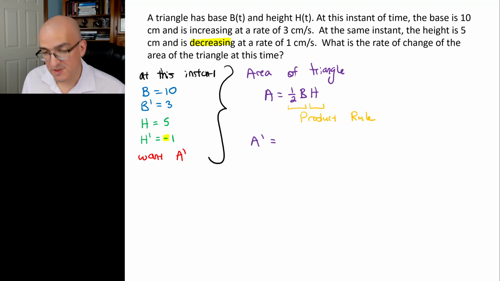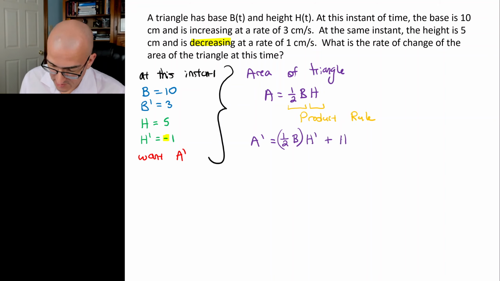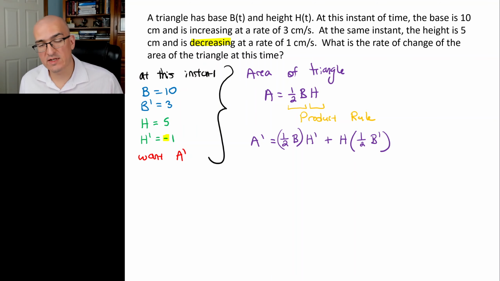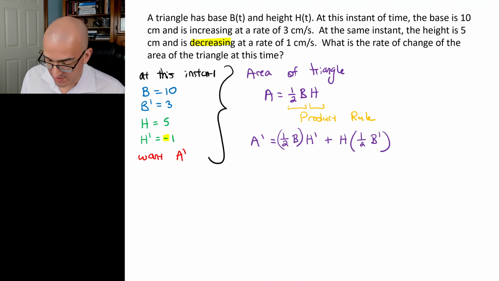So we have the first function, 1/2 times b, multiplied by the derivative of the second, so times h prime, plus h, multiplied by the derivative of the first function, 1/2 of b prime. So the first function times the derivative of the second, plus the second function times the derivative of the first. And now we can plug in our data.